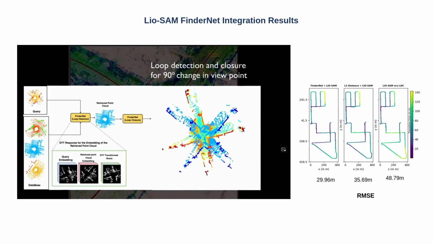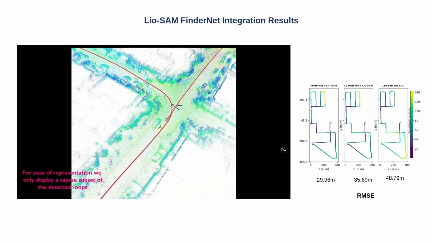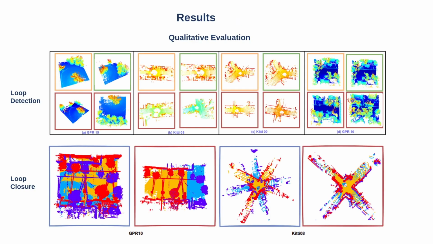But our method is comparable to SOTA methods such as LIO-SAM, etc. A qualitative evaluation of our results shows that a loop detection and loop closure, after being converted into DEM format, does indeed align both loop candidates.